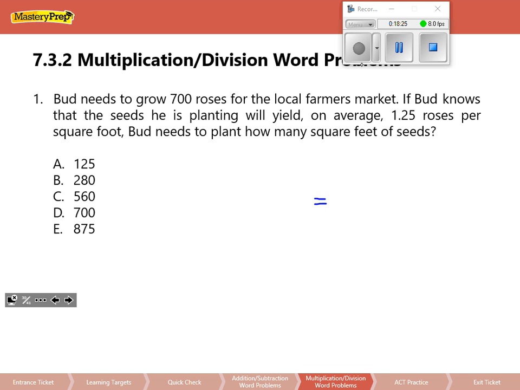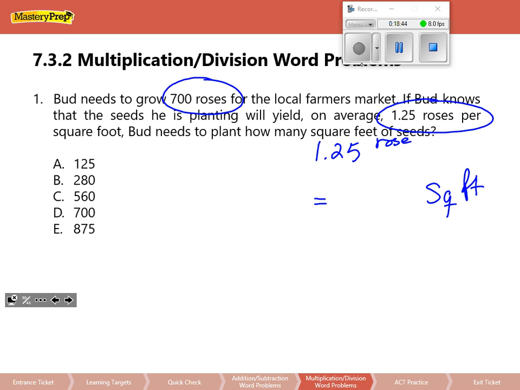Another way we can look at it is we need to know what? Square feet, yes? Now we're given 700 roses. And this is roses per square foot. So 1.25 is roses per square foot, yes?